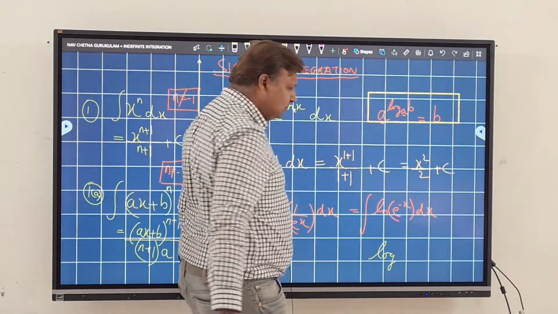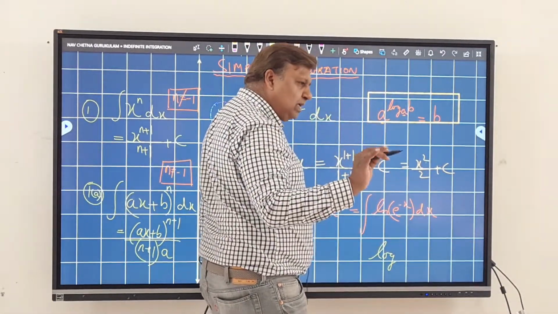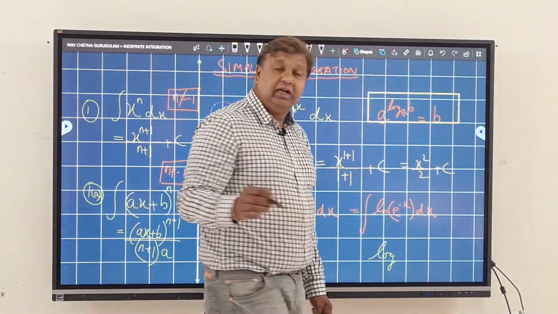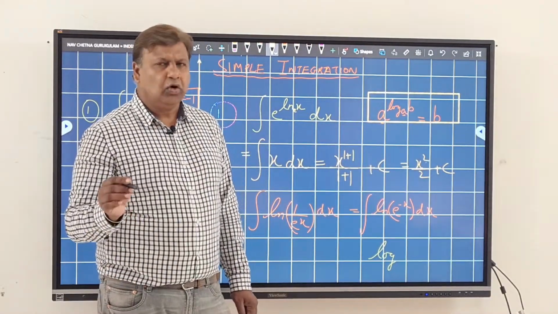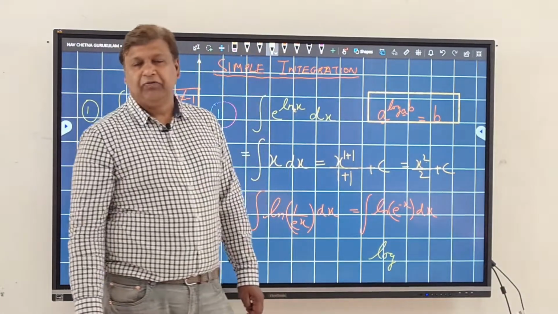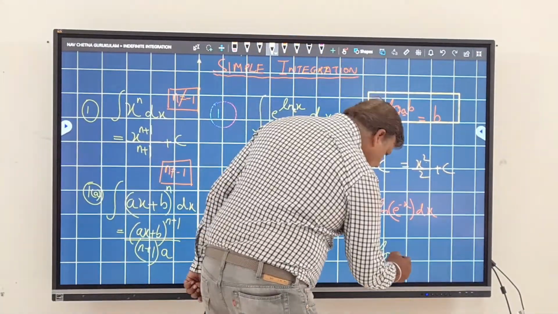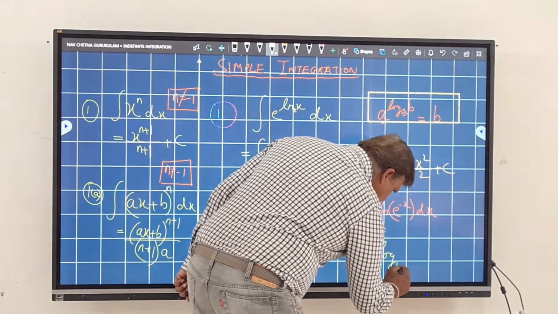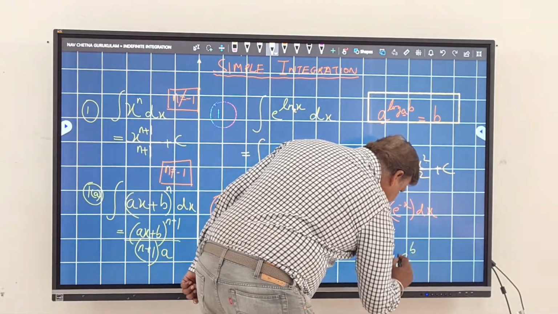You have log to any valid base. The base validation is greater than 0 and it cannot be equal to 1. We'll discuss details when we'll be doing the chapter functions, as well as when we'll be doing the chapter log. So consider any base, let me put k, and you have a raised to power b.